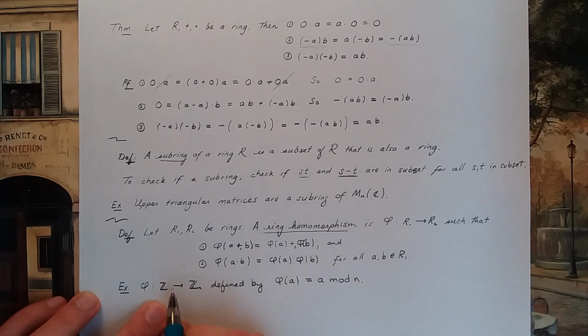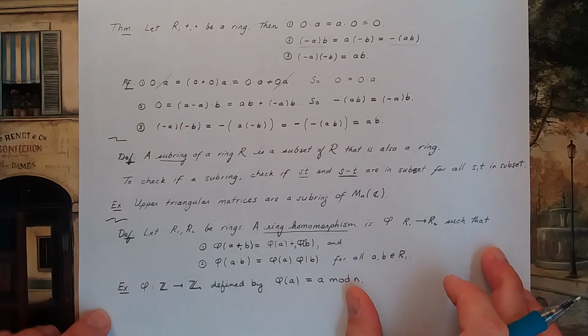That is an excellent example of a ring homomorphism. We've seen in a previous course that you can break up modular arithmetic over sums and multiplication. So we've seen before that this is an example of a ring homomorphism.